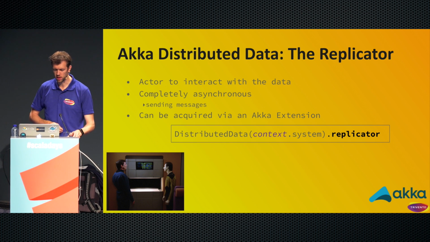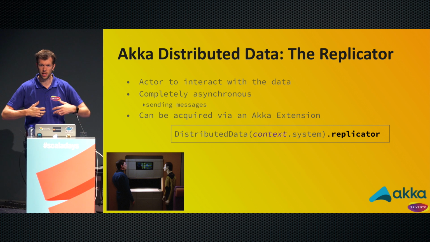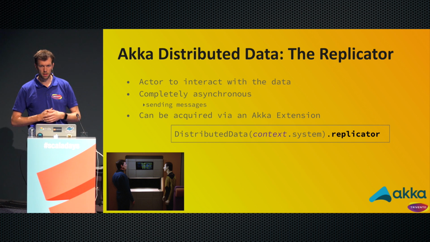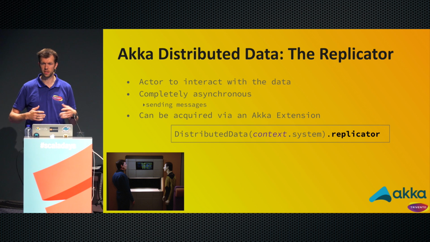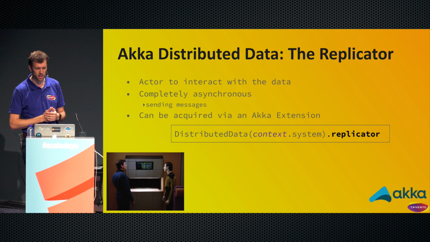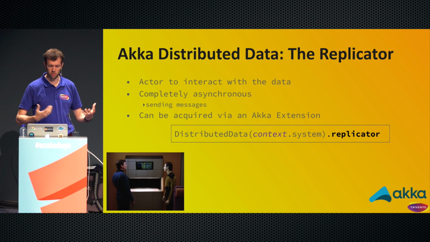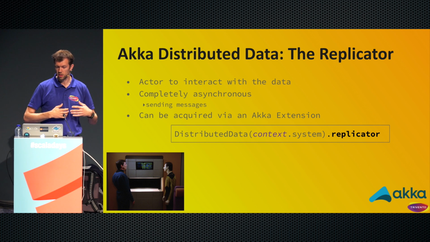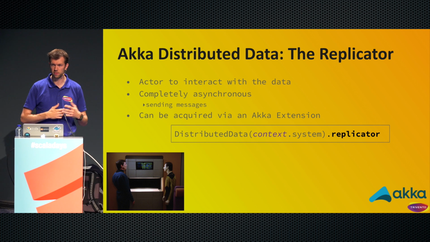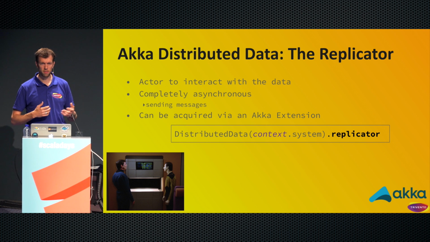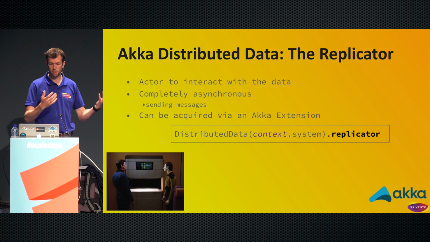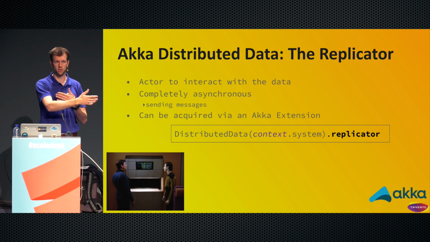So how does it work with Akka Distributed Data? How can I operate with it? As we know, and I've seen hands in a lot of rooms, almost everybody is using Akka. Akka evolves around actors, so it would be no surprise that the replicator is an actor you operate with. And the replicator is in essence the receptionist which gives you access to your data.